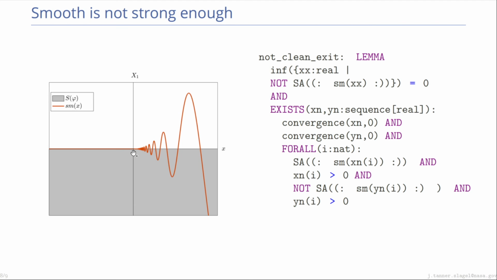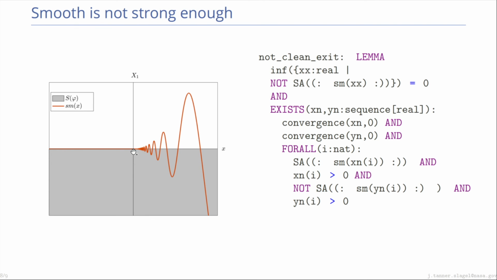But then for any neighborhood of time you take after 0, any positive amount of time after 0, there are infinitely many points that are inside the semi-algebraic set and outside the semi-algebraic set. In particular, if you look at these peaks of the function, every one of these high peaks is outside of the semi-algebraic set, and every single one of these low peaks is in the semi-algebraic set.